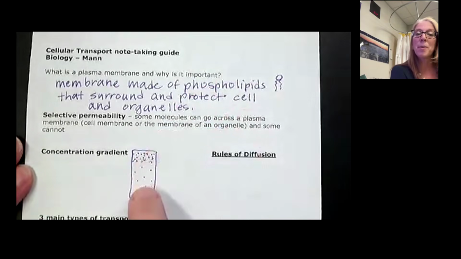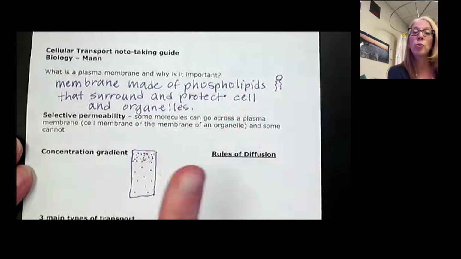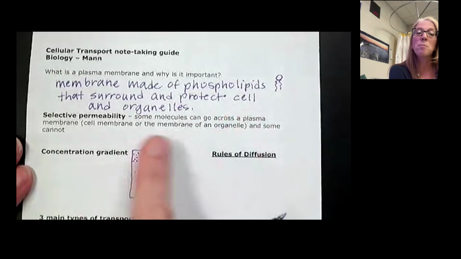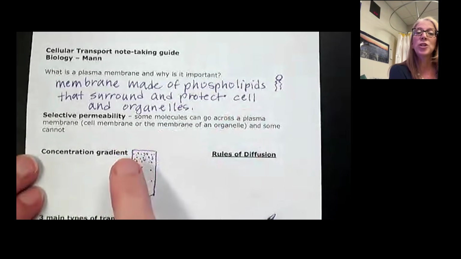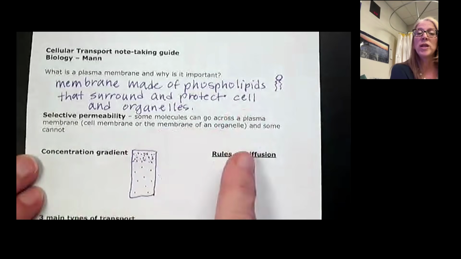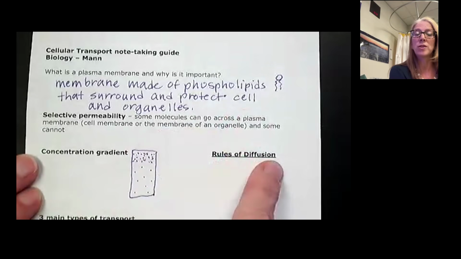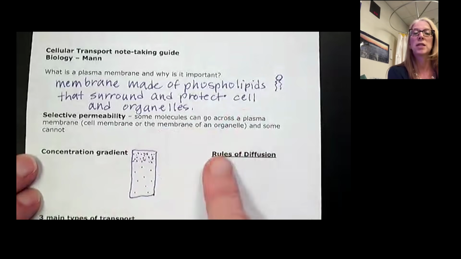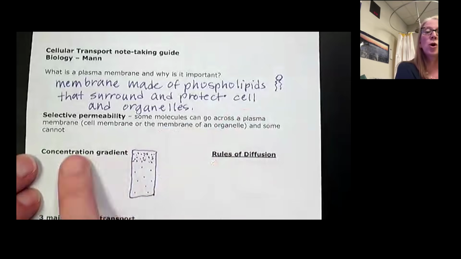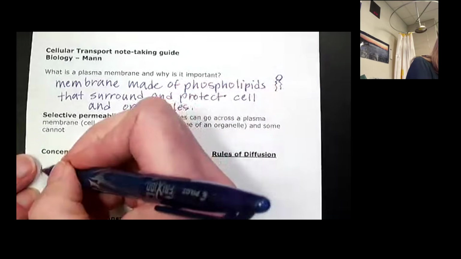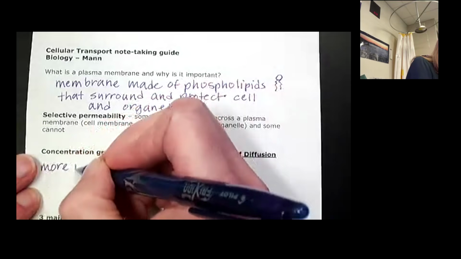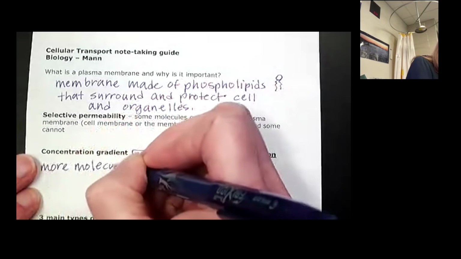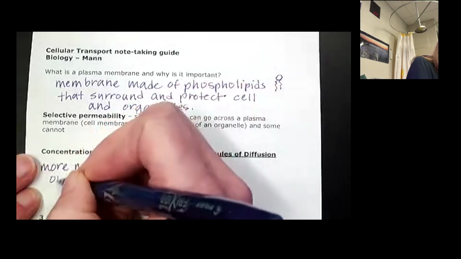This sets up a concentration gradient, meaning that there are more molecules on one side than the other. Okay, if there is a concentration gradient, then we can follow the rules of diffusion. That is the natural order of things, is that they would follow these rules. So our concentration gradient is that there are more molecules on one side than the other.